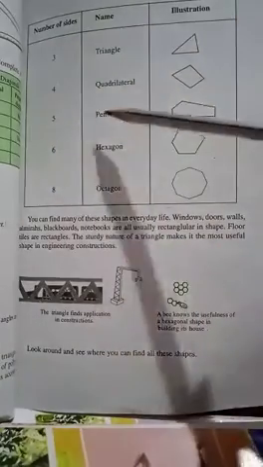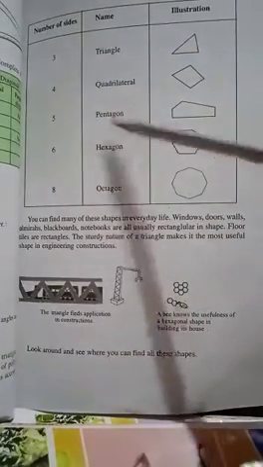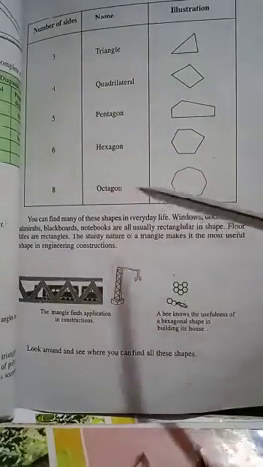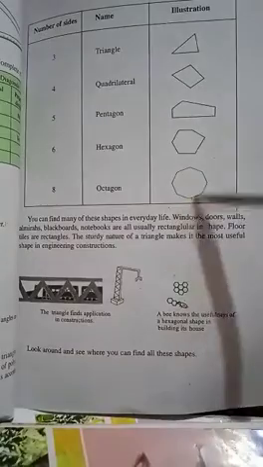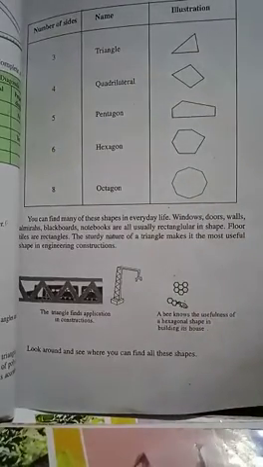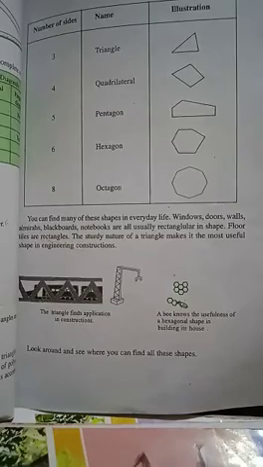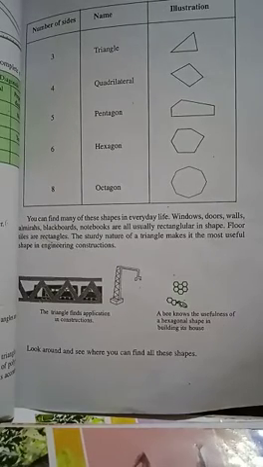Quadrilateral: 4 sides. Pentagon: 5 sides. Penta means 5. Hexagon: 6. Octagon: 8. So depending upon the number of sides, it will be represented as a polygon. Polygon means a figure with more than 3 sides.